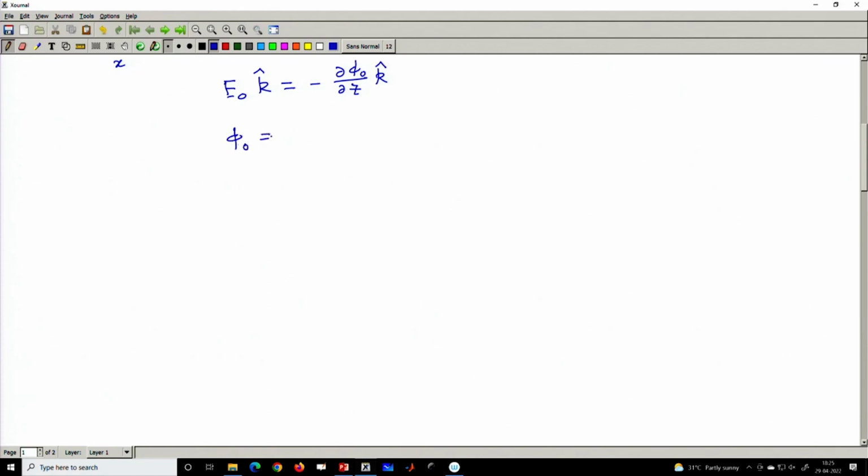So phi 0, if I integrate, should be minus E 0 z plus a constant c, and this z I can replace in terms of the r, theta coordinates, because this is spherical symmetry. So this is simply minus E 0 r cos theta plus c.